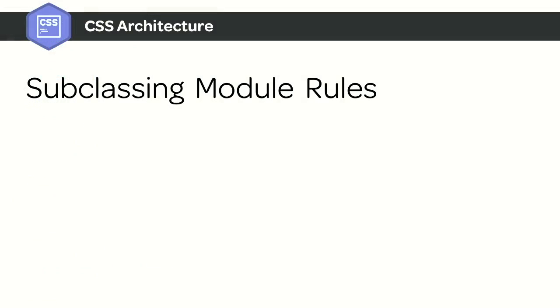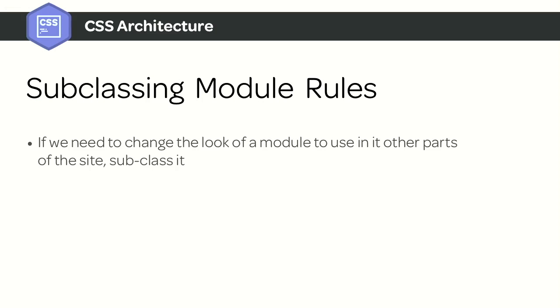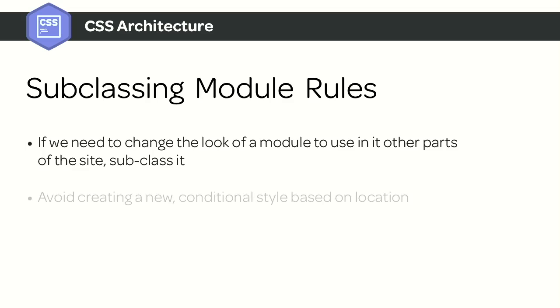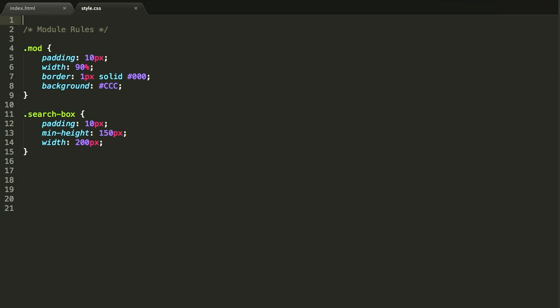Now we can also subclass these module rules if we need to change the look because we want to place it in other parts of our site. To do that, it's best to use a subclass instead of creating a new conditional style based on the new location. Now here are some examples of these subclassed modules. So we might have these mod and search box components that maybe need to be modified to use in the footer or the sidebar sections.